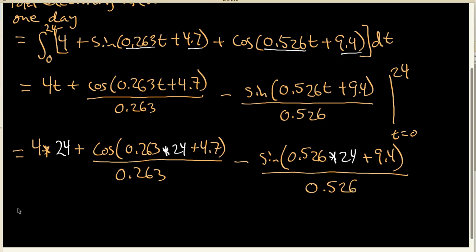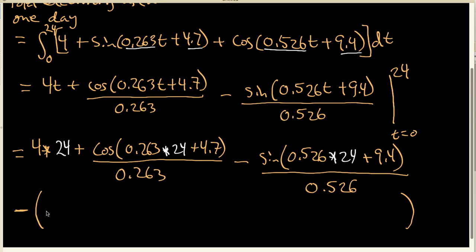And then we have to actually plug in 0 and subtract off the answer when we plug in 0. And it's important to realize that neither of these terms is going to be a 0 when we plug in t is equal to 0. So I want to formally write out what that's going to be.